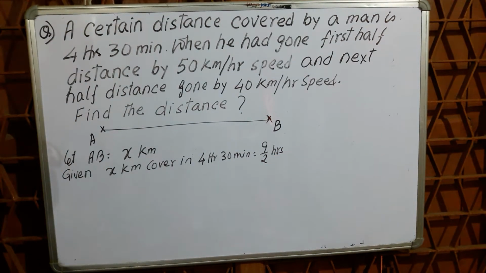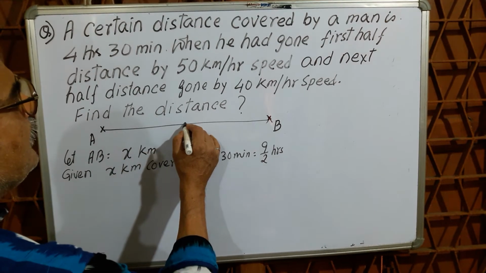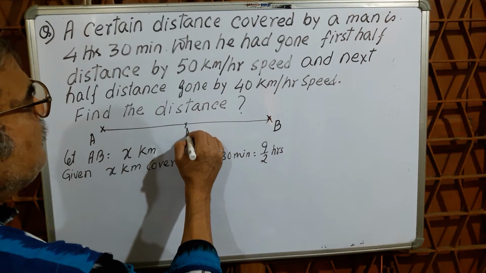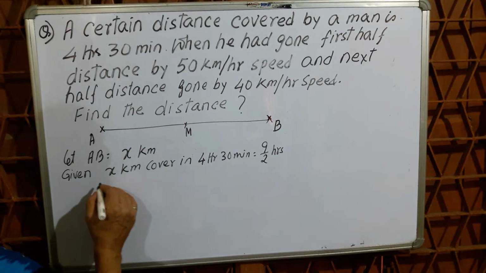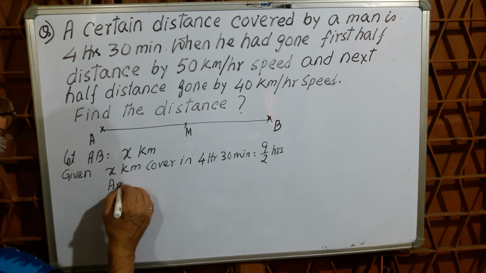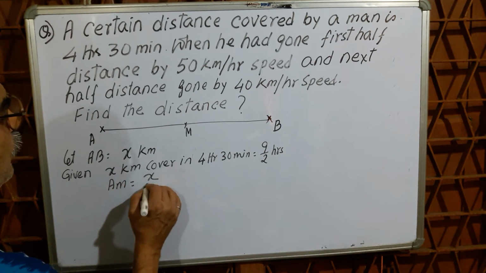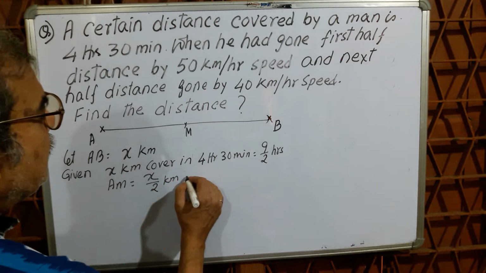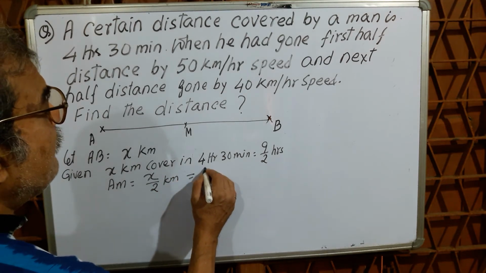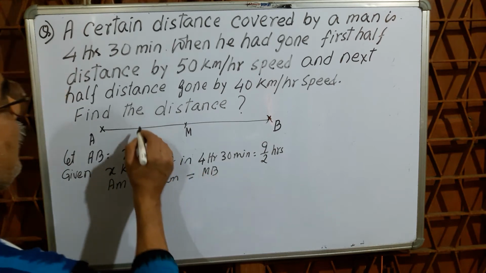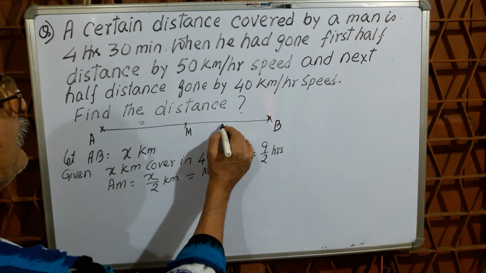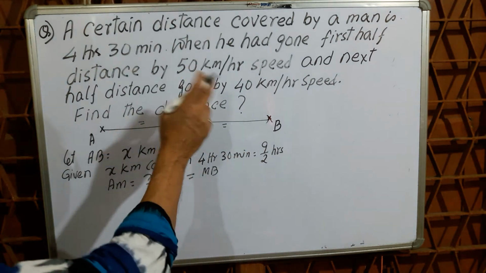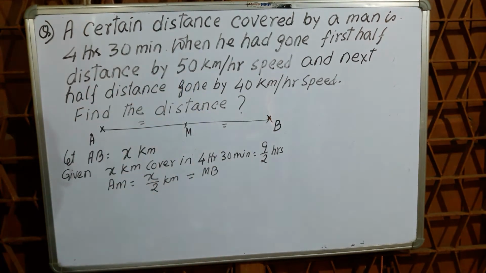Now you see there is a middle point M, that means AM equal to x by 2 kilometer and equal to MB. AM equals MB, because simply it is half the distance.